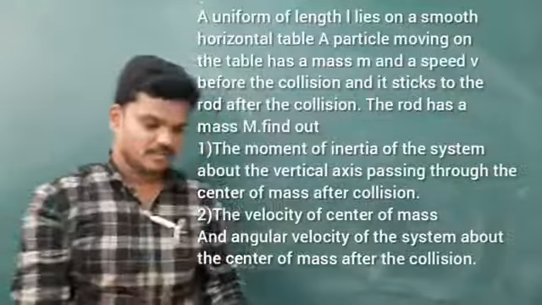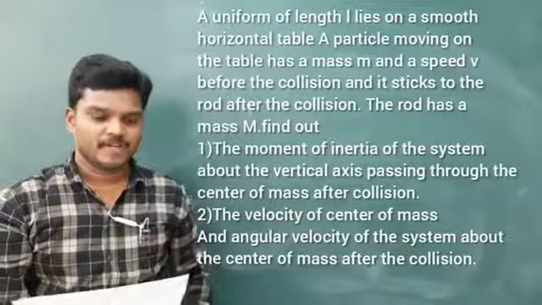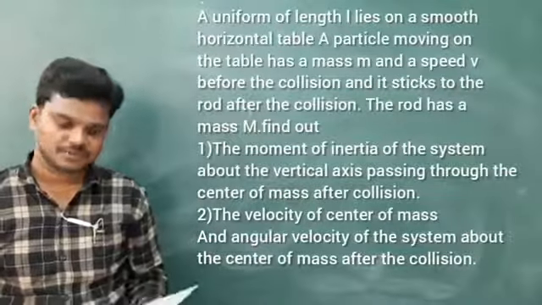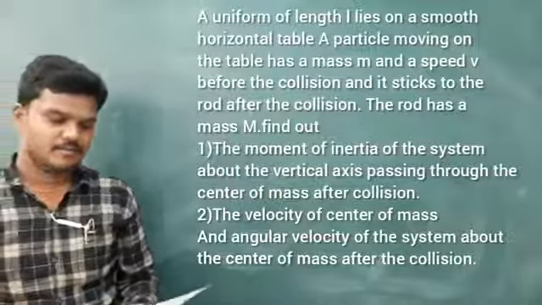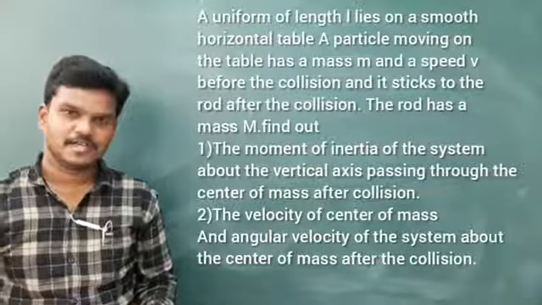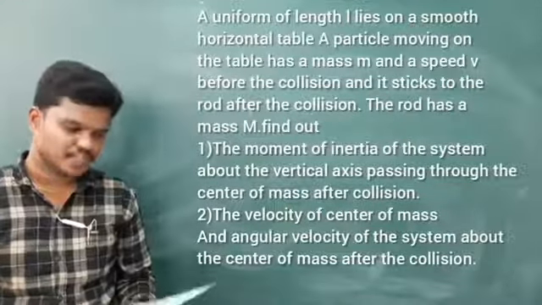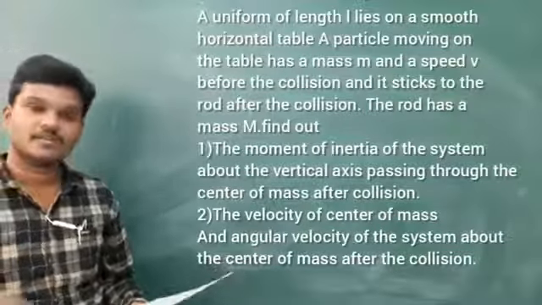See the next. Let me give the question and answer for this one also. Here, a uniform rod of length L lies on a smooth horizontal table, and a particle moving on the table has mass small m and speed v before the collision, and it sticks to the rod after the collision.